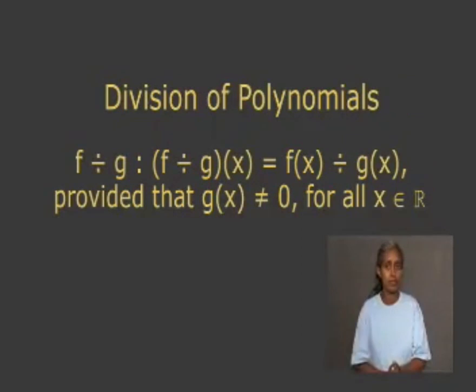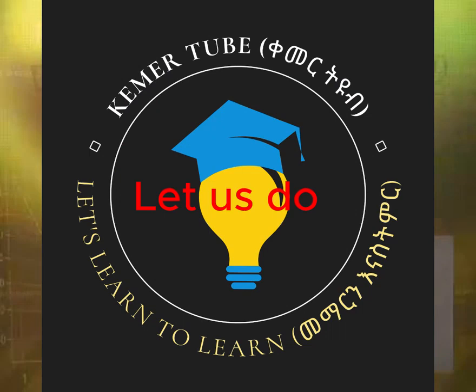The quotient of two polynomial functions, f and g, is written as f divided by g and is expressed as f divided by g of x, which equals f of x divided by g of x, provided that g of x does not equal 0 for all values of x that are in the set of real numbers. Let us do one more activity, students.